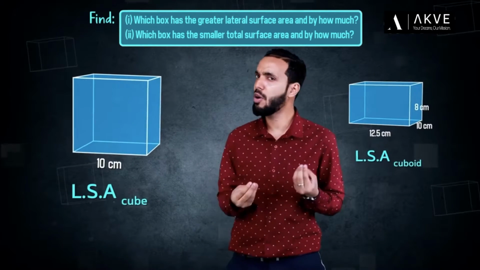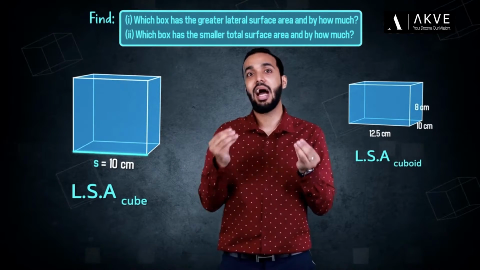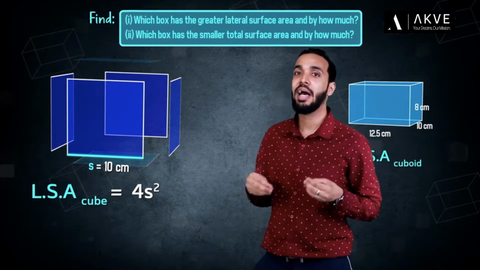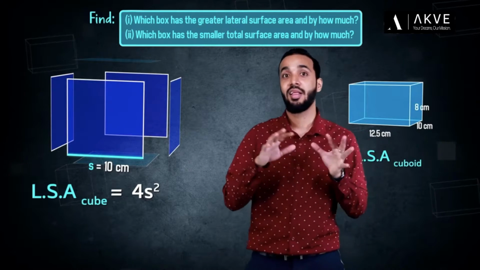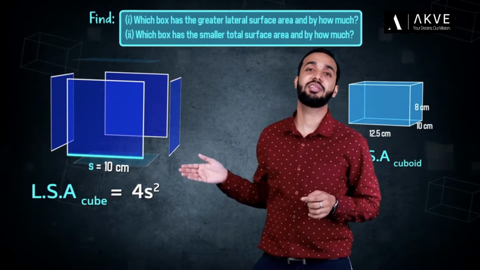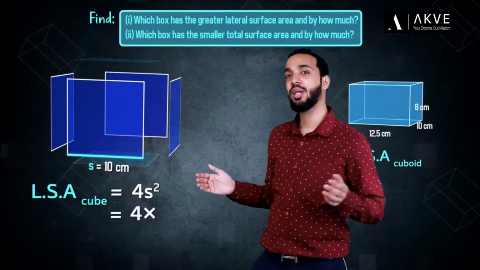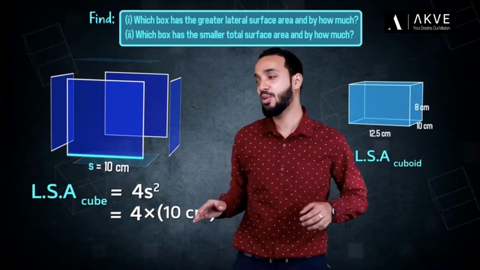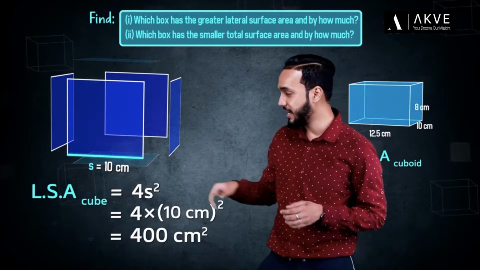So, for a cube of edge length S, its lateral surface area is 4S squared. This cube has edge length 10 centimeters. Therefore, its lateral surface area would be 4 into (10 centimeters) squared, which just simplifies to 400 square centimeters.